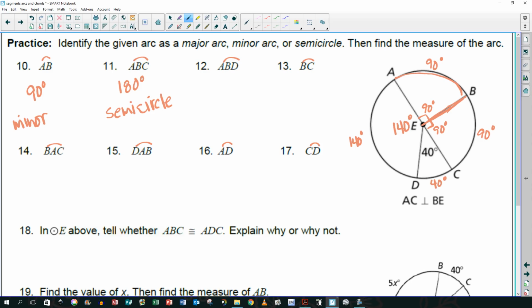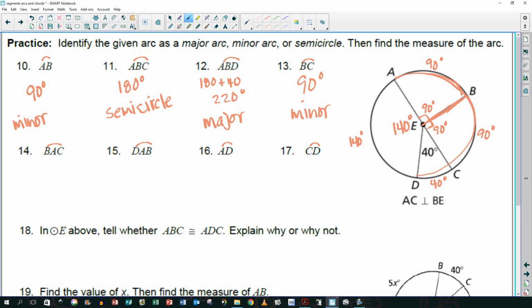So now A to B all the way to D. So that's going to be 180 plus 40, which is 220. So that makes it major. BC is 90. So that makes it minor.